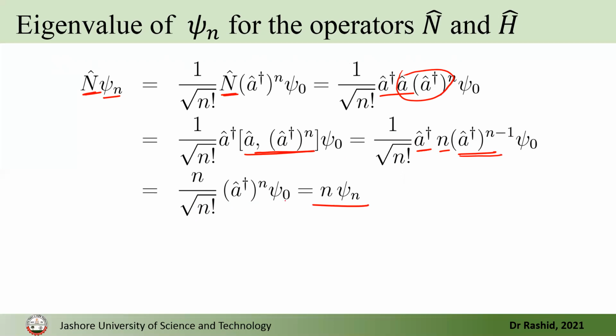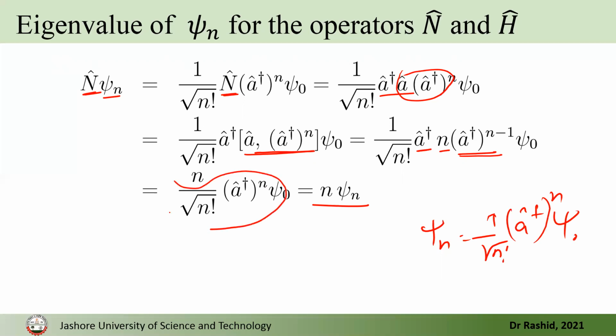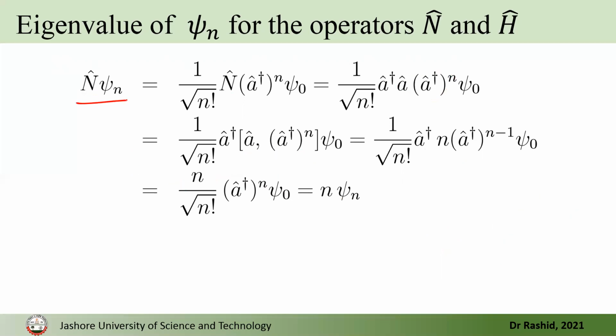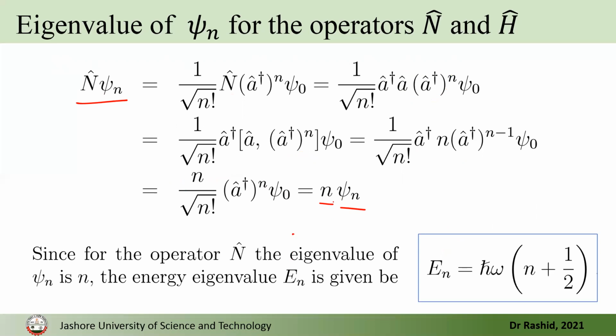Because you remember psi n we defined as 1 over square root of n factorial a hat dagger to the n psi 0. So this is what psi n is. So we see that when the number operator acts on the wave function psi n, it gives us n psi n. That is, the eigenvalue of the number operator for the wave function psi n is n.